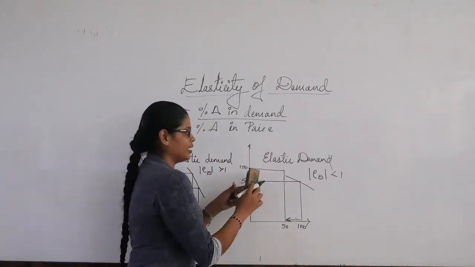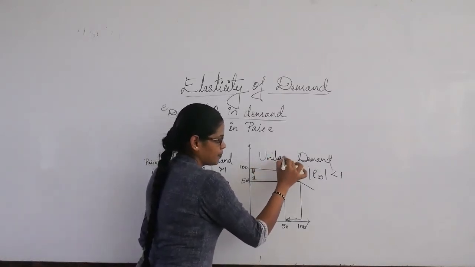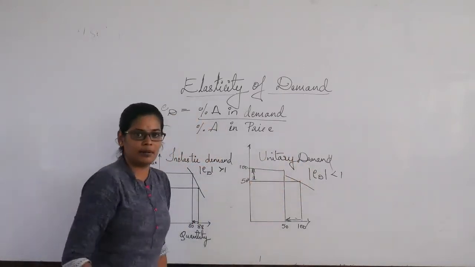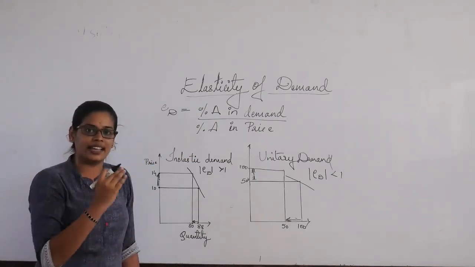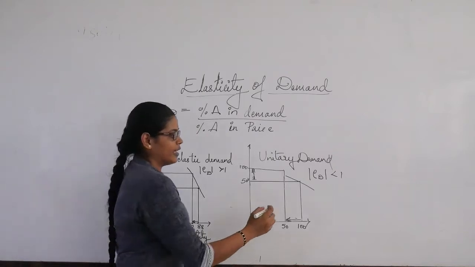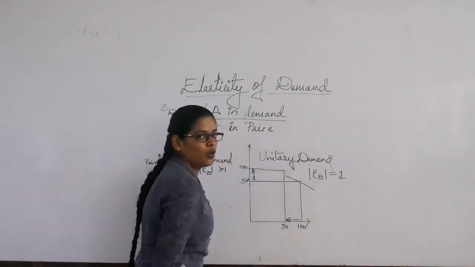That's the reason we call it unitary elasticity of demand, because an equal amount has increased in the price and an equal quantity has decreased. That's the reason unitary demand is always equal to 1.